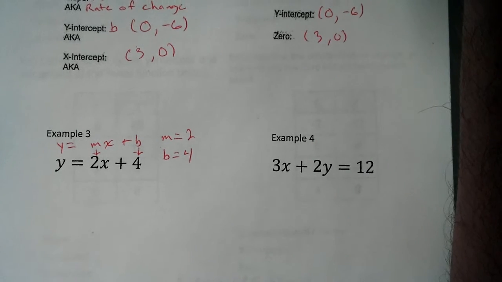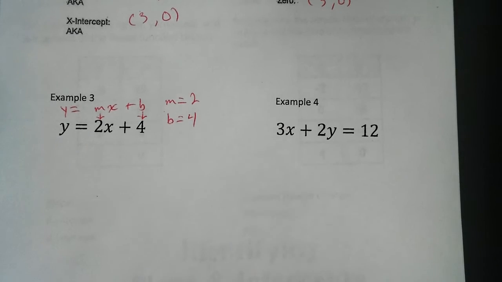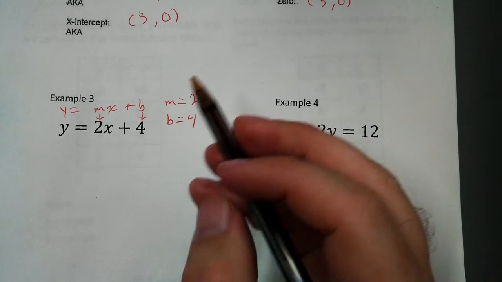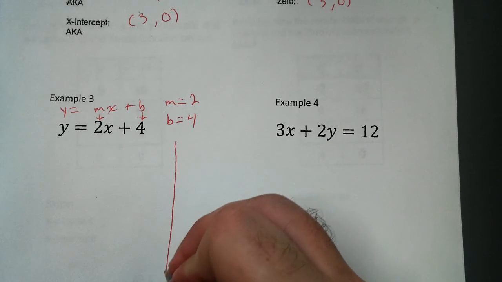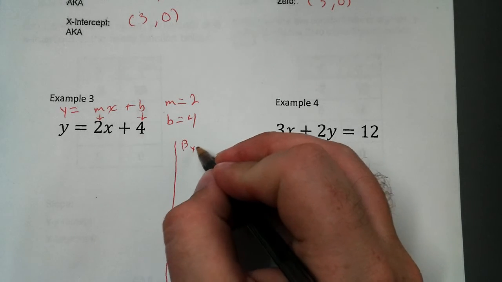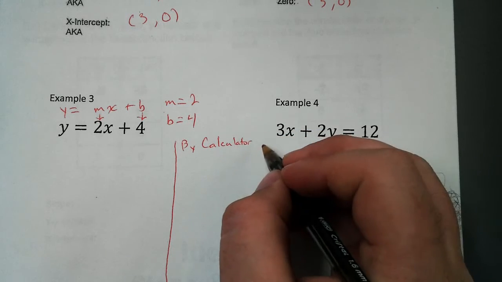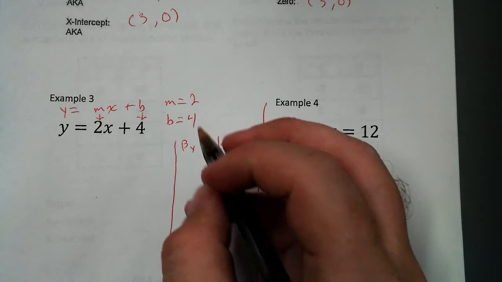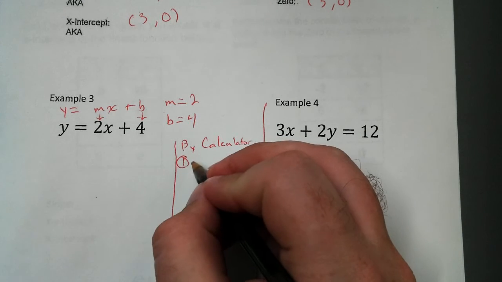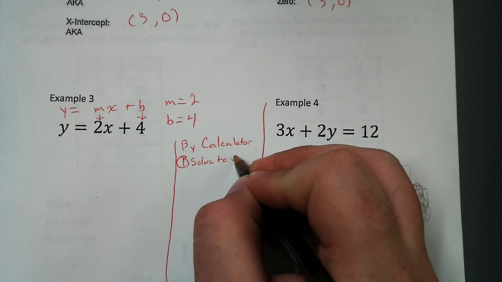Now, I'm going to write down a method for you to use your graphing calculator. If you don't have a graphing calculator, you're going to have to use this other method to do this by hand. So, by calculator, here's what you're going to do. Step 1, solve to y equals.